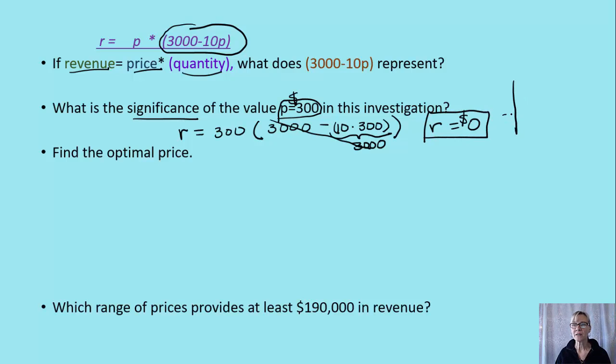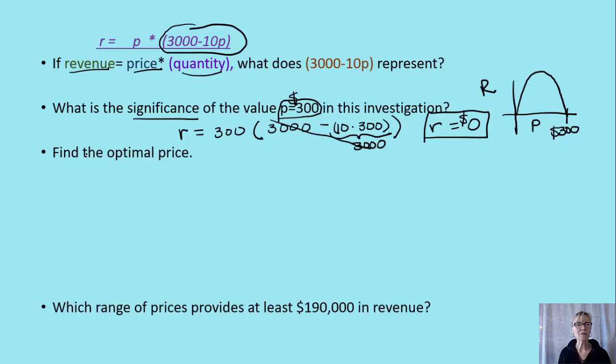So if we think back at our theoretical graph, some sort of parabola, this is that intercept where the revenue crashes to 0 when we charge $300. So one of our intercepts has been found for us already. That is the significance of this value: this price causes the revenue to be 0.